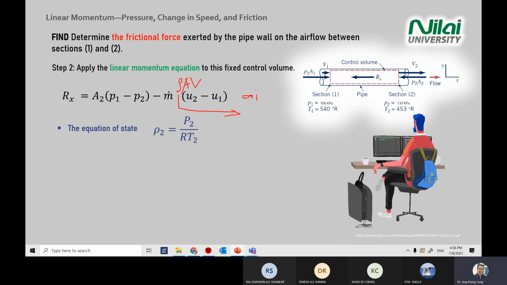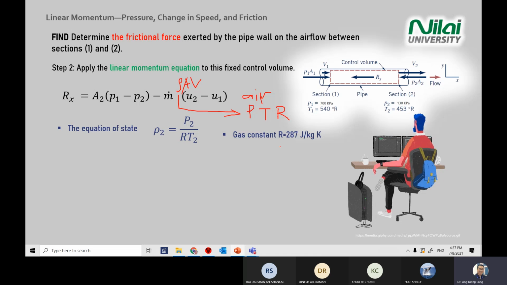So that's why you need to recall your thermodynamics understanding or chapter to find the rho by using the information of pressure, temperature, and gas constant. The gas constant for air is 287 joule over kilogram Kelvin.